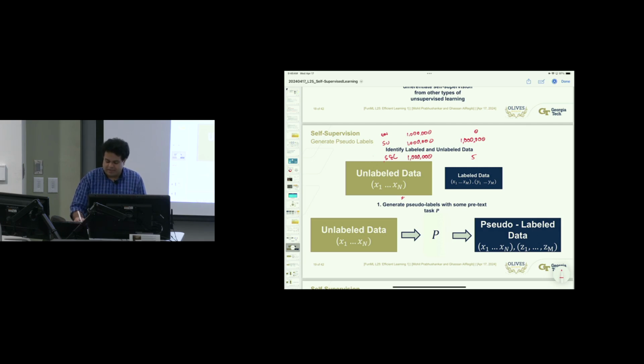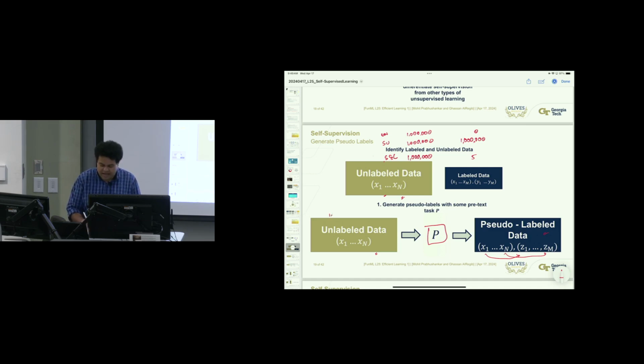In this case, the unlabeled data have these x1 to xn, and I'm assuming 1 million. I'm taking the unlabeled data x1 to xn, creating some kind of a pretext task, and I'm going to convert it into these pseudo labeled data. Again, we'll get to what that pretext task is going to be. That means that every x1 has a z1 associated with it, and xn has a zm associated with it.